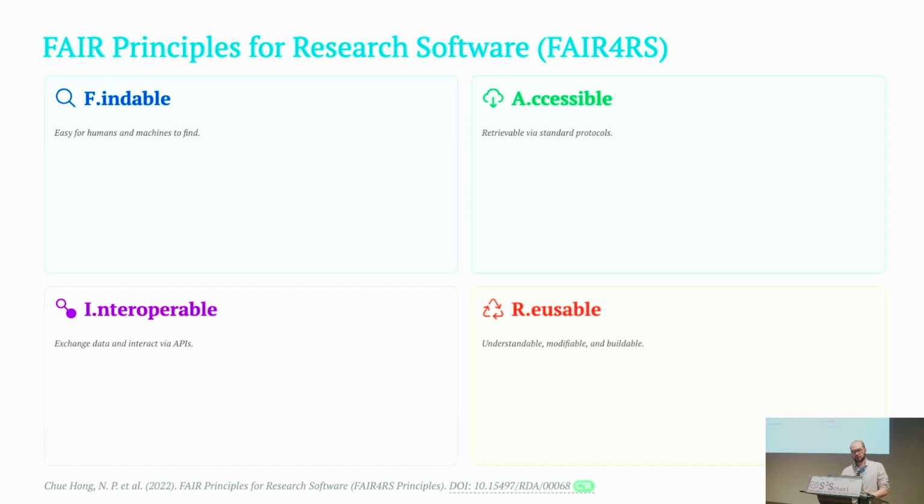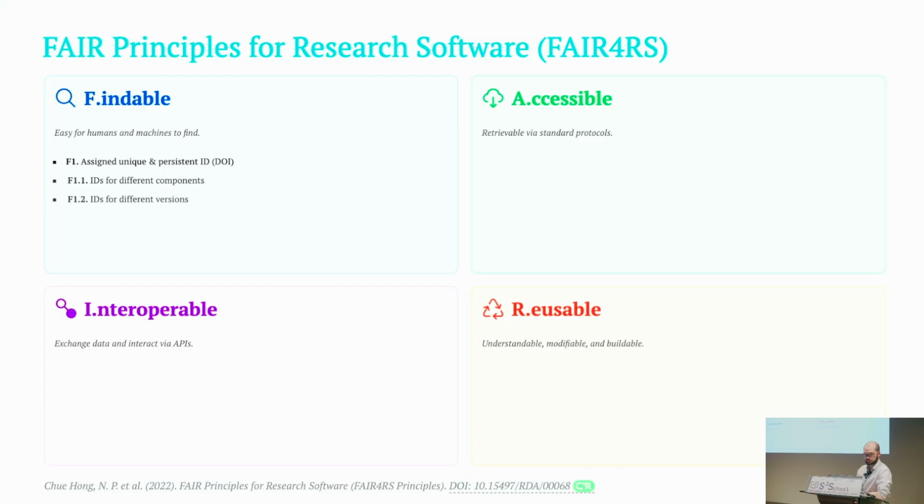So if we try to apply these principles to research software, people have thought about that. And there is actually this paper here defining the FAIR for research software principles. And we can list them. So in the findable, they recommend that you assign a unique and persistent identifier for your software. It's better to have IDs for different components of the software, for example, different modules.